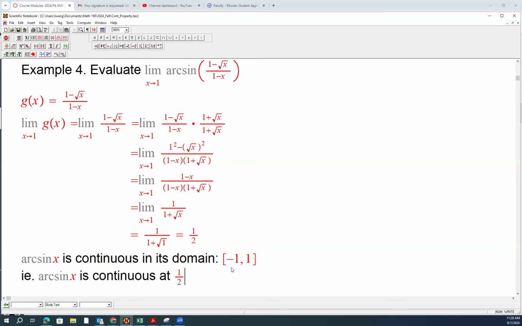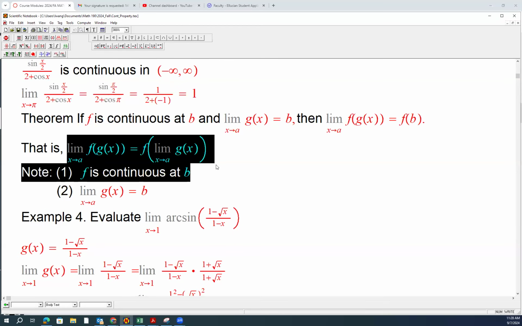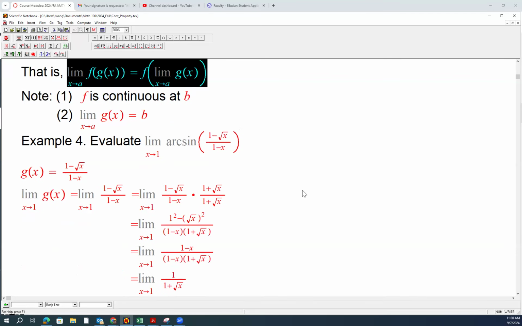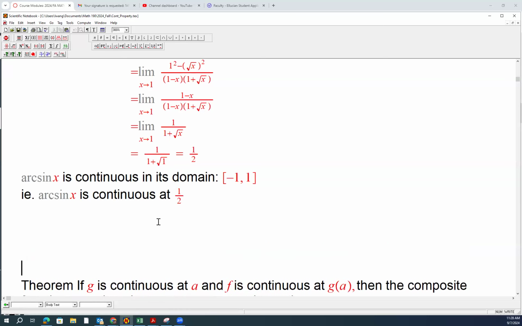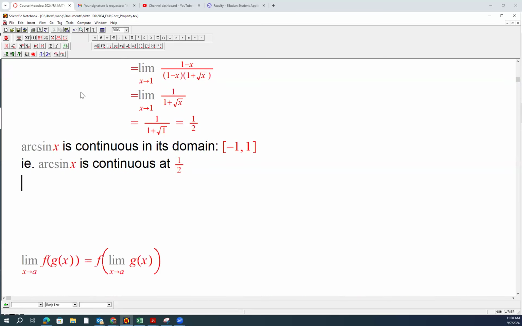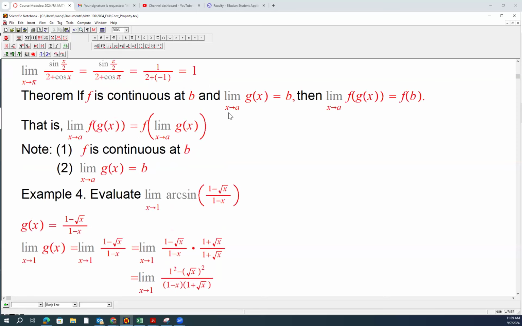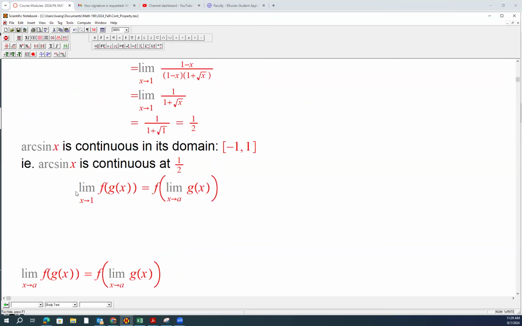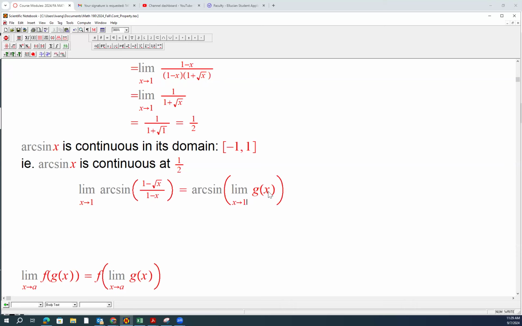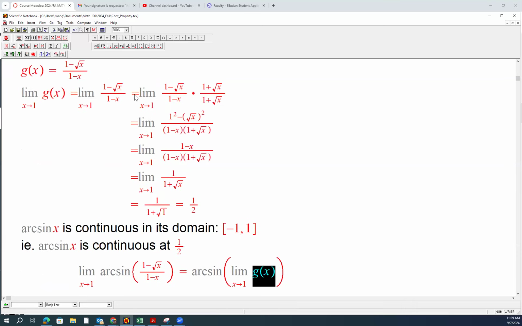So next, we can apply the conclusion of this theorem. I'm going to bring this conclusion right here at the bottom so you can see the comparison. In our case, x approaches 1, and what we have is arcsine of the limit of g, where g is over here.